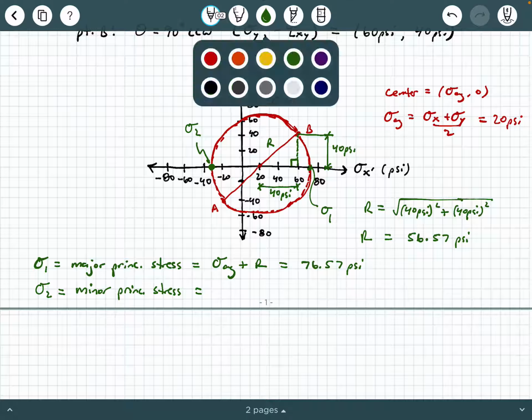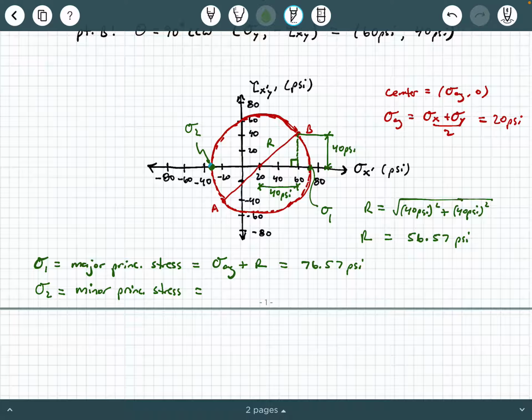Now, what about the minor principal stress? Well, that's where the circle intersects the sigma axis on the opposite side over here. I do a similar process. I start from the center, but this time I'm going to subtract the radius to take me to this edge of the circle over here, all right? So that's going to be sigma average minus r, and that will give me negative 36.57 psi.